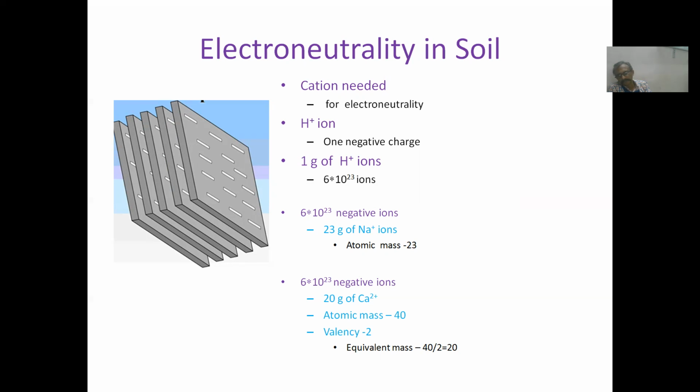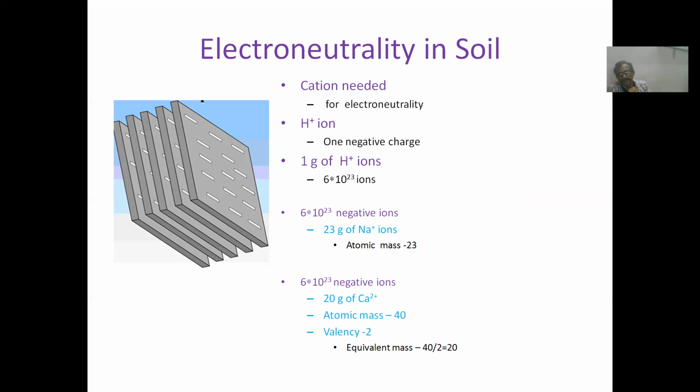of a clay particle. Instead of hydrogen ions, if we use sodium ions to neutralize it, then we may have to use 23 grams of sodium ions. It is because sodium is 23 times heavier than hydrogen, and one sodium ion will supply one positive charge. So because of that, you need to have 23 grams of sodium.